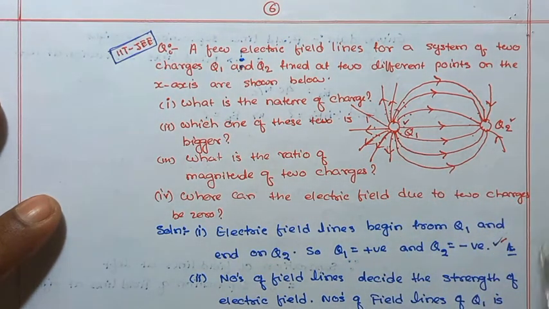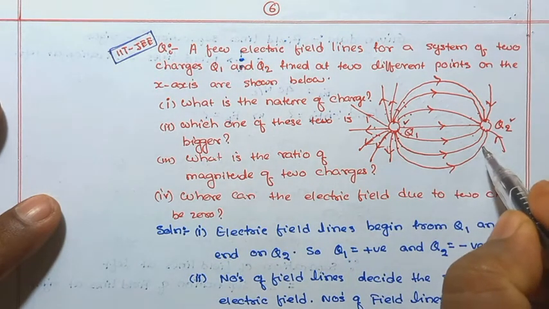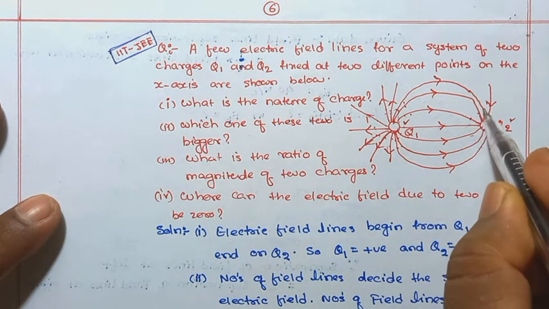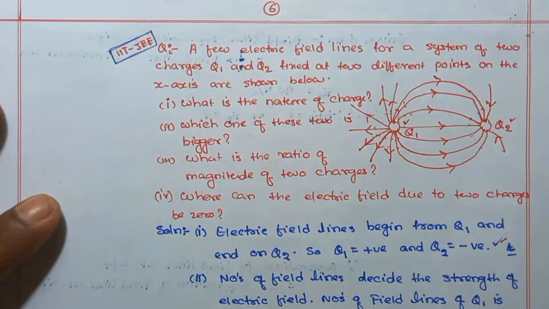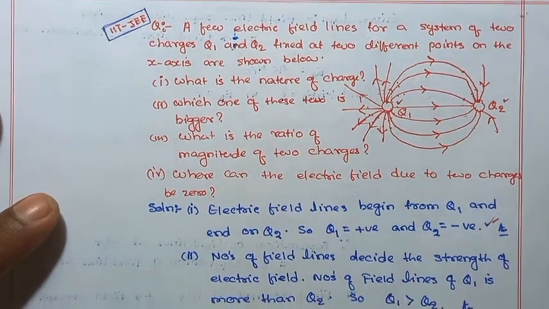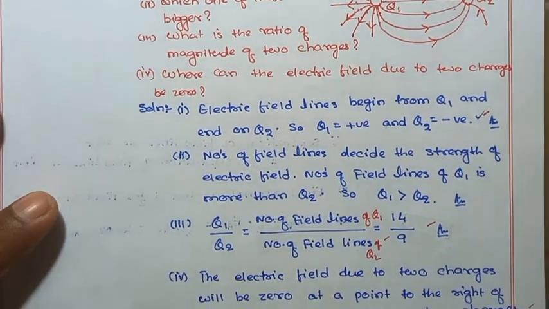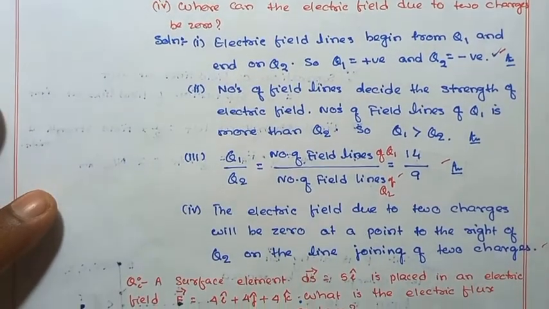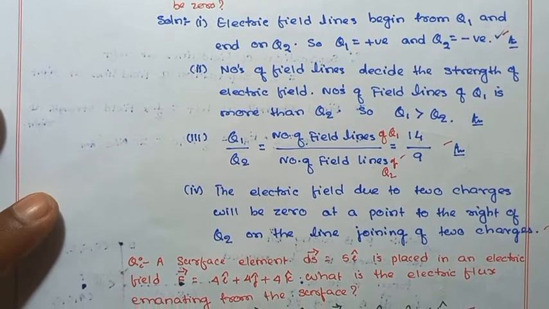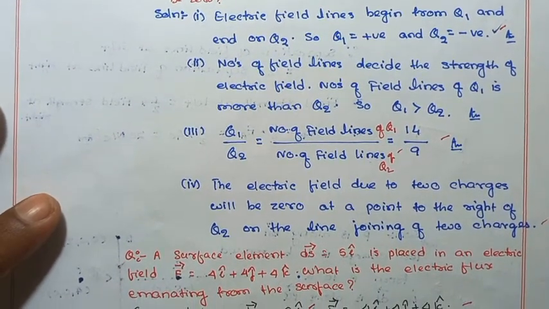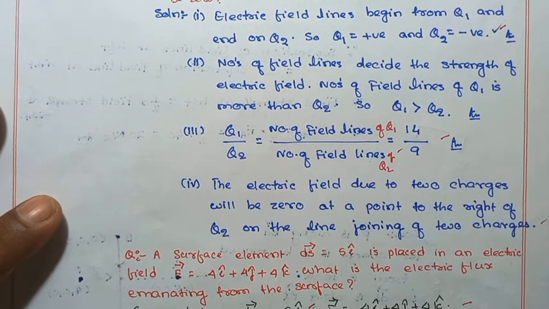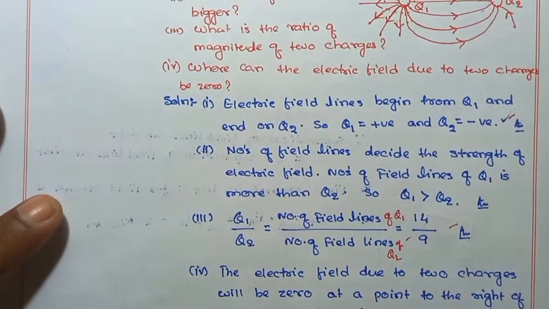The number of field lines of Q2 is 9. See, 1, 2, 3, 4, 5, 6, 7, 8, 9. So Q1 by Q2 is equal to 14 by 9. ठीक है?